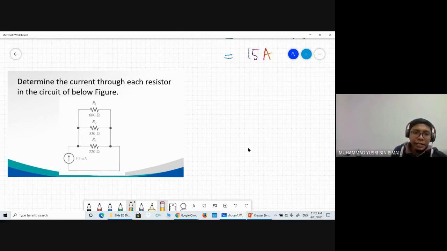So determine the current at I1, I2, and I3. This is the I total.